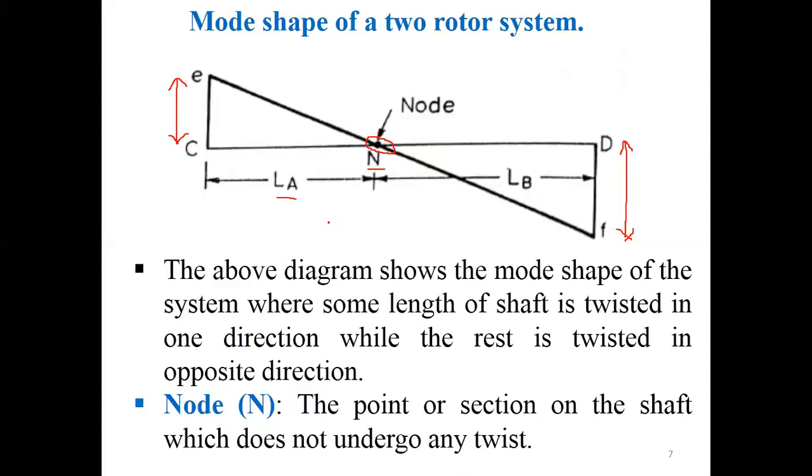From the mode shape diagram of a two-rotor system, you can find the amplitude of rotor A, the amplitude of rotor B, and you can also find the location of the node if you know the values of LA and LB. So in a two-rotor system, there is a node present in between the two rotors A and B.